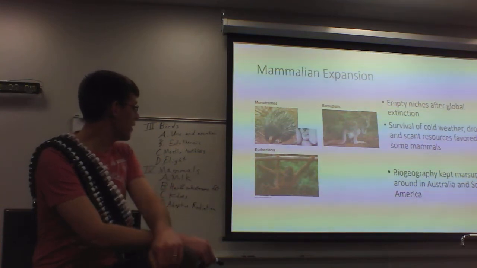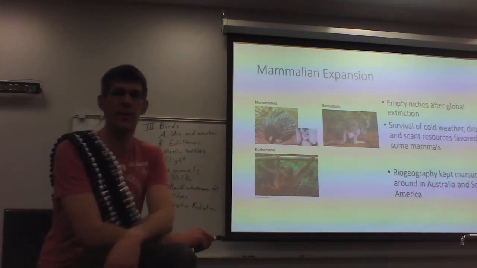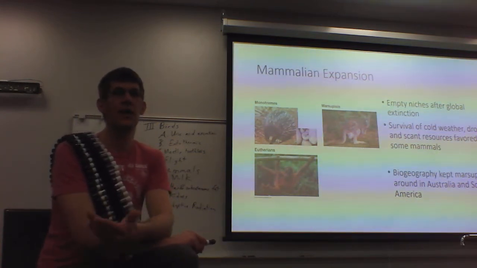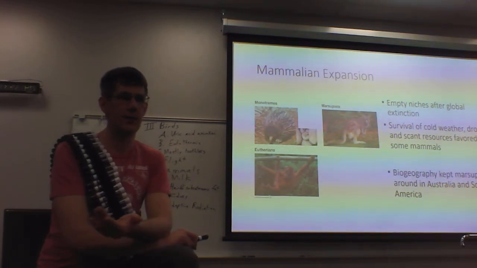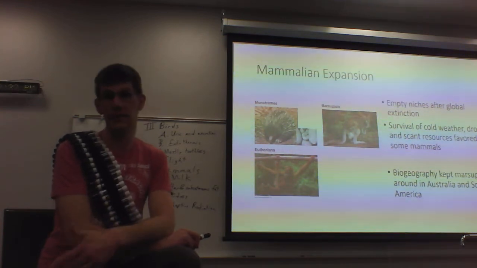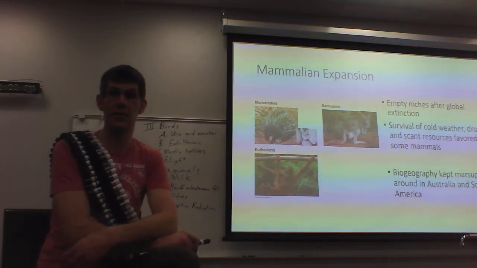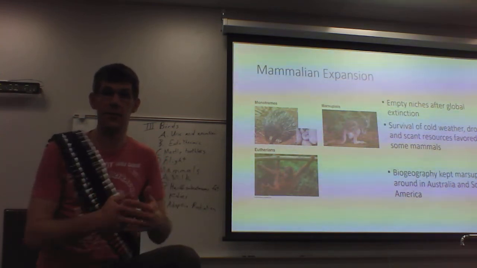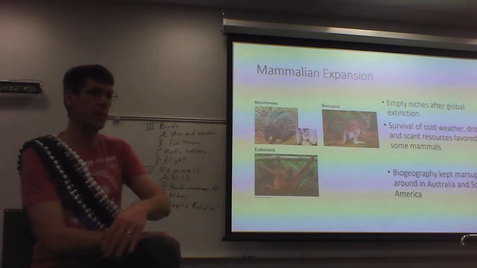The monotremes, the echidna and the platypus, basically the Australian jokes of mammals. They are down in Australia, and they're a relatively limited clade. They're similar to what the early mammals looked like. So they lay amniotic eggs. They don't have the internal eggs that the rest of the mammals do. Then you have the marsupials.